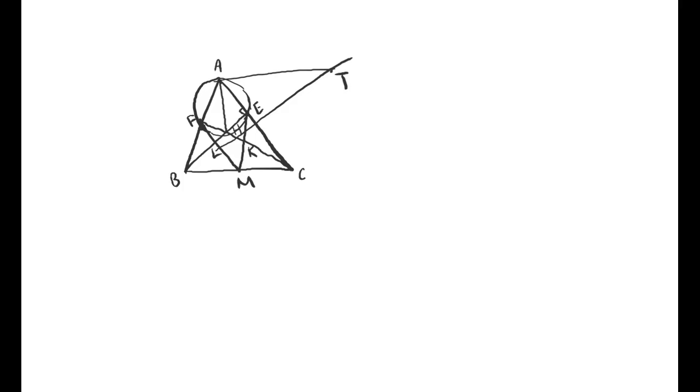Okay, so now you can see that the power of point T with respect to the circumcircle of AFHE is equal to TA squared.